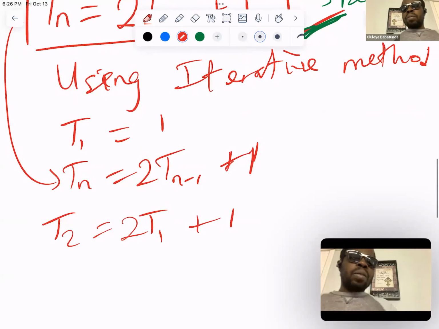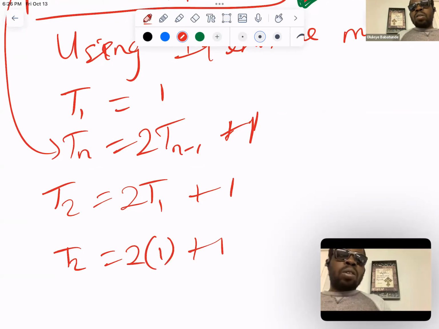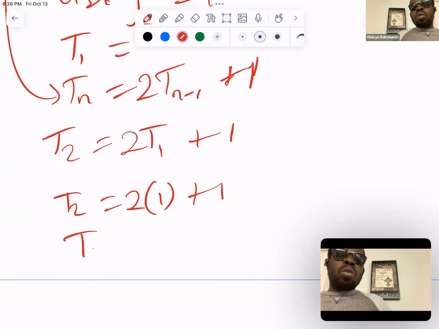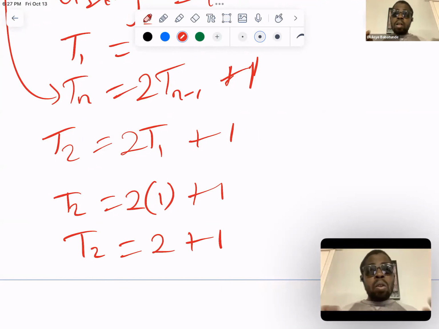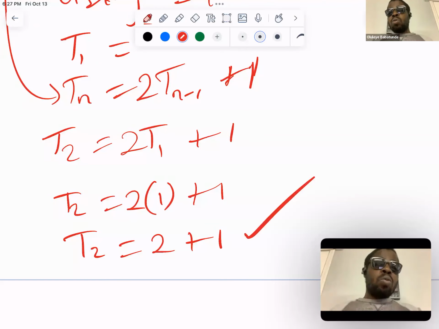And I know that my T1 is 1. So I have my T2 to be 2 times 1 plus 1. So you have your T2 to be 2 plus 1. Now, when you are doing the proofs, do not add up 2 and 1 to get 3. No, just leave it this way.